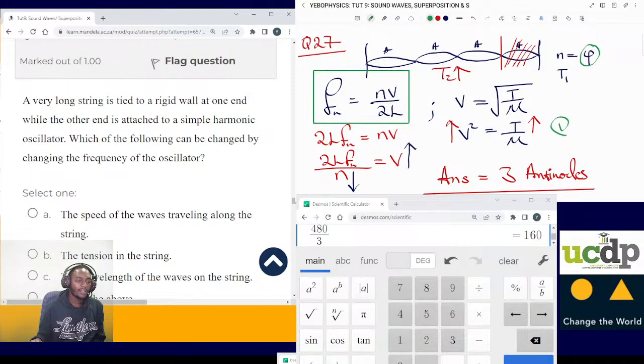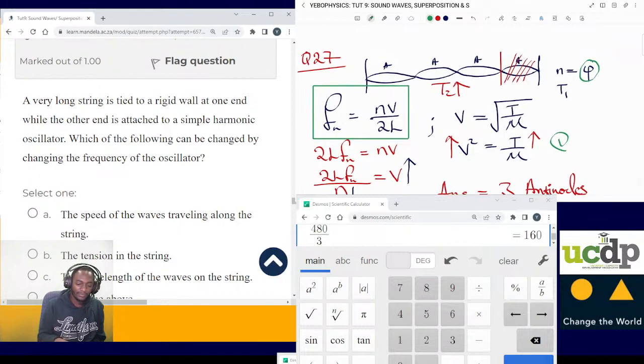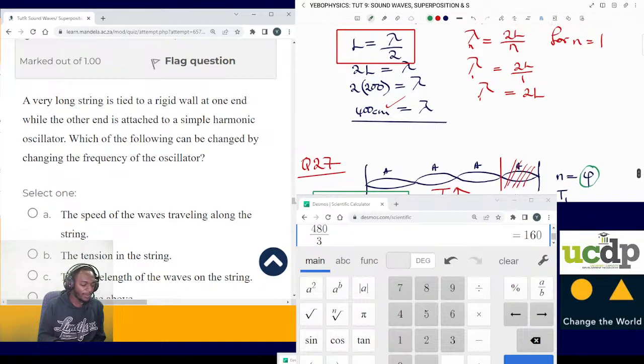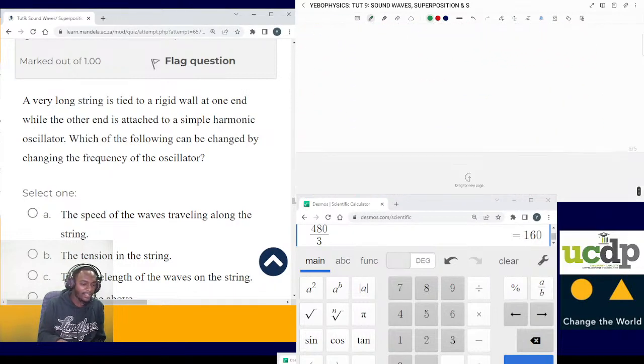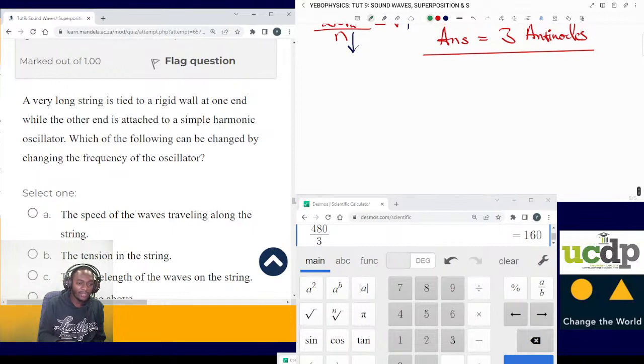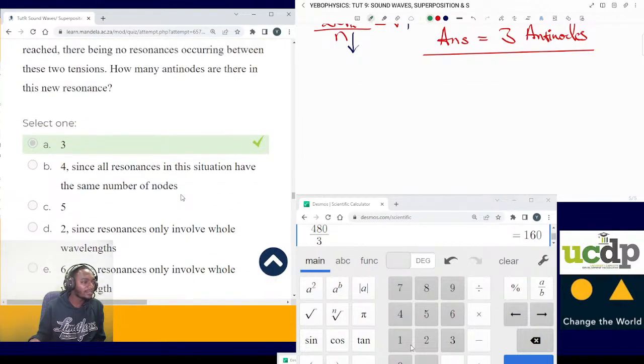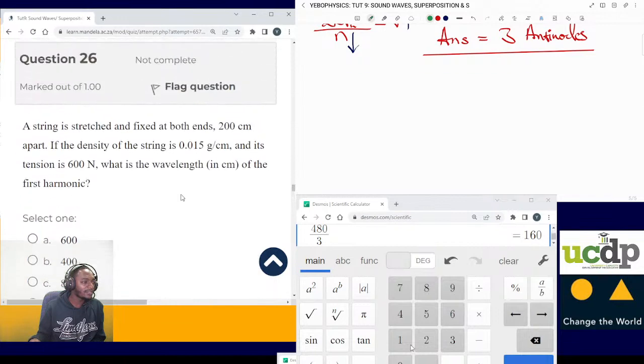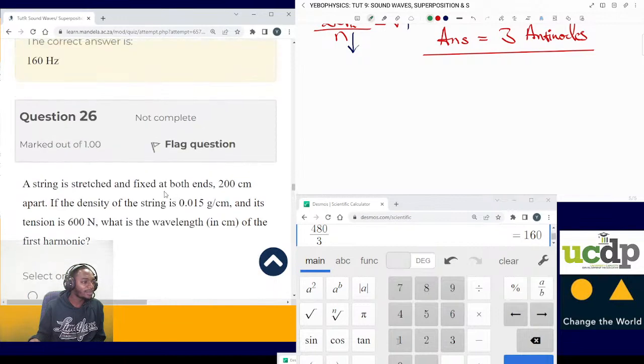Okay, I see there's a comment on the Teams platform to say the 600 newton and the linear density are not to be used for this question. That was question 26, right?